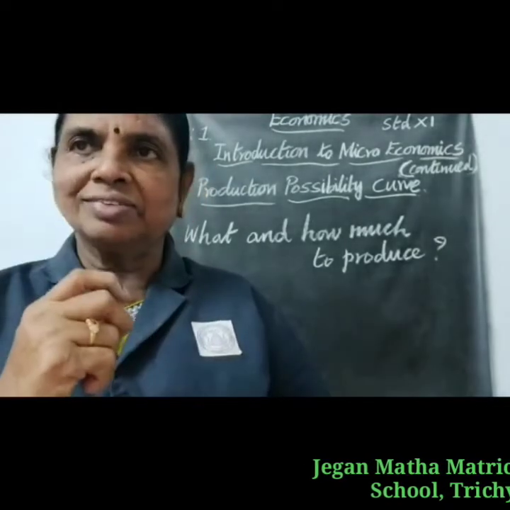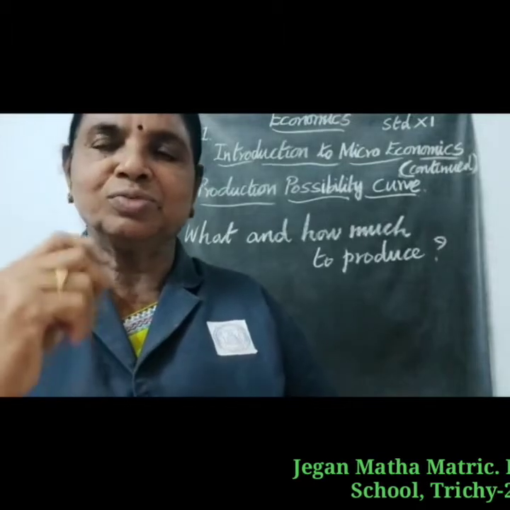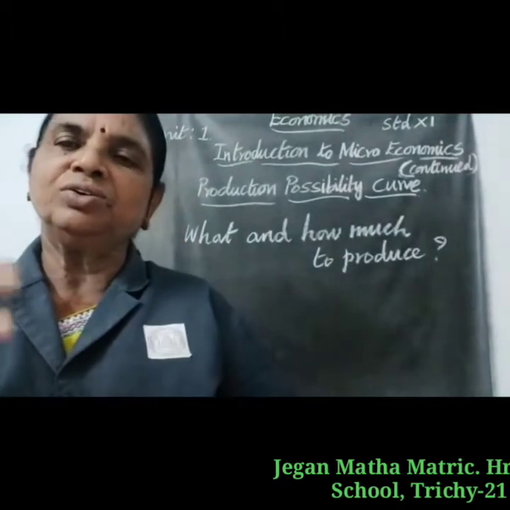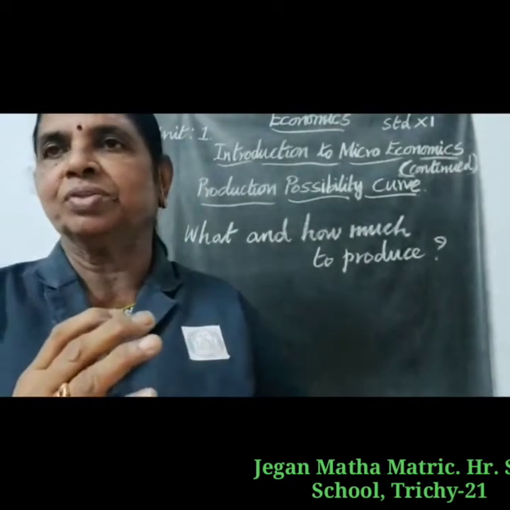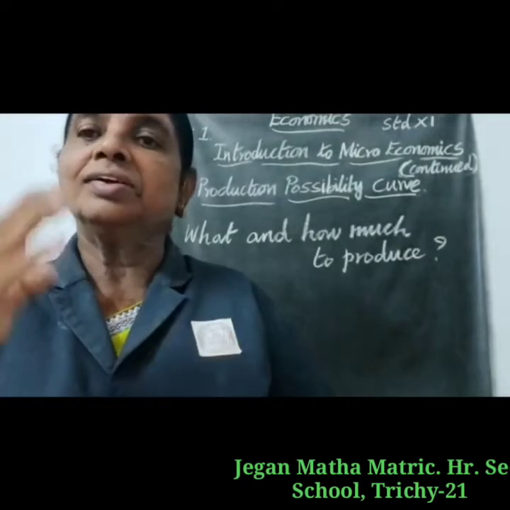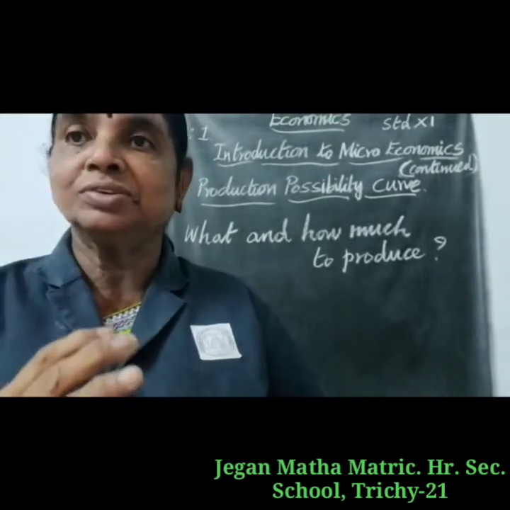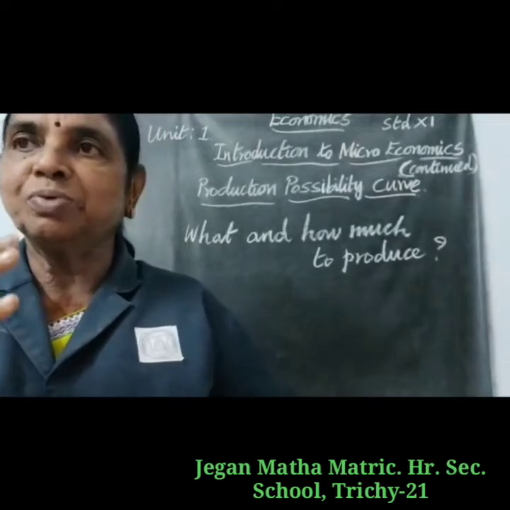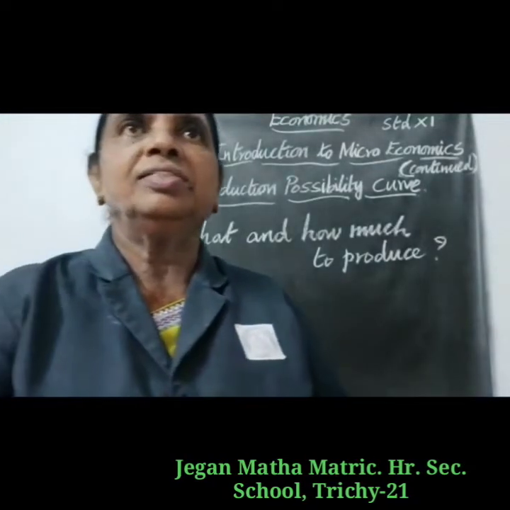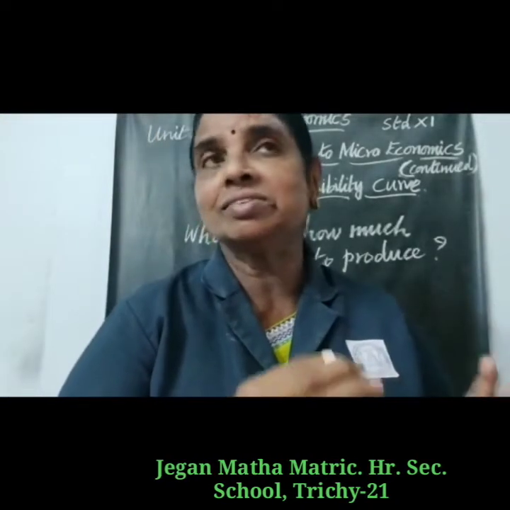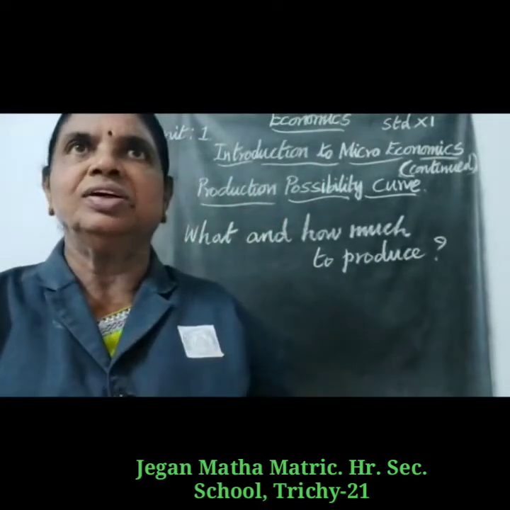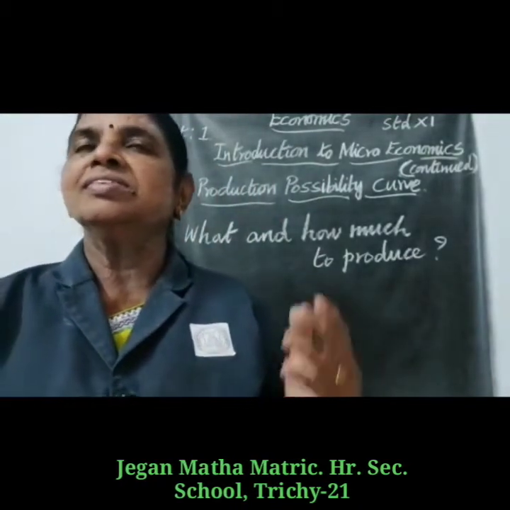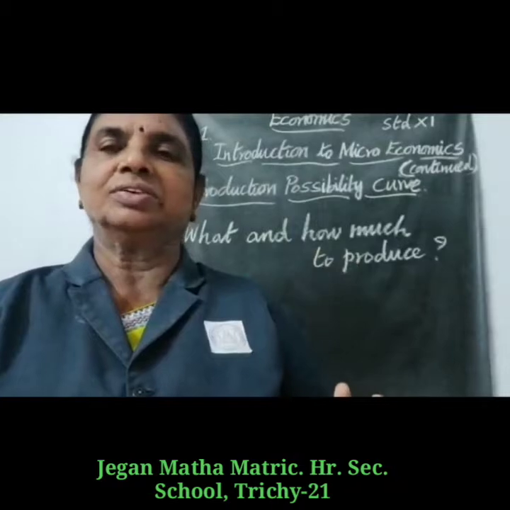So it is an assumption, assuming a given state of technology and given total resources. And of course, there are certain assumptions for production possibility curve. The explanation and analysis of production possibility curve is based upon certain assumptions.